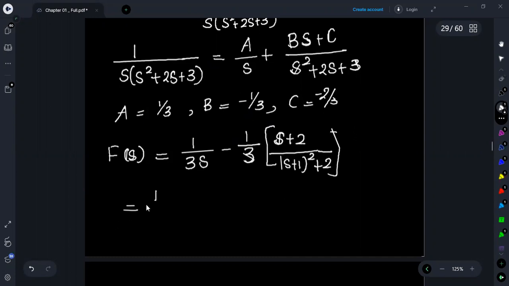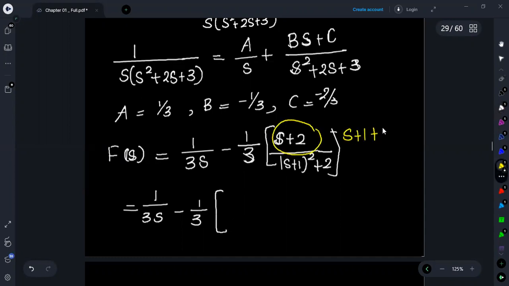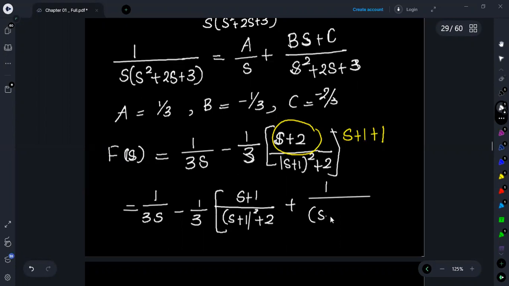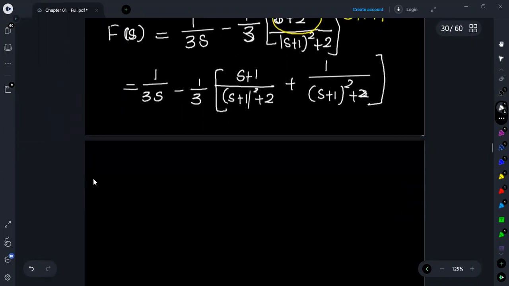And then this is equal to, we can keep this 1 over 3s as it is, minus 1/3. We can rewrite this s plus 2 as s plus 1 plus 1. So we can separate this into two cases, s plus 1 over s plus 1 to the power 2 plus 2, plus 1 over s plus 1 to the power 2 plus 2. And then once we have obtained this, we can write the expression to obtain the inverse Laplace transform.